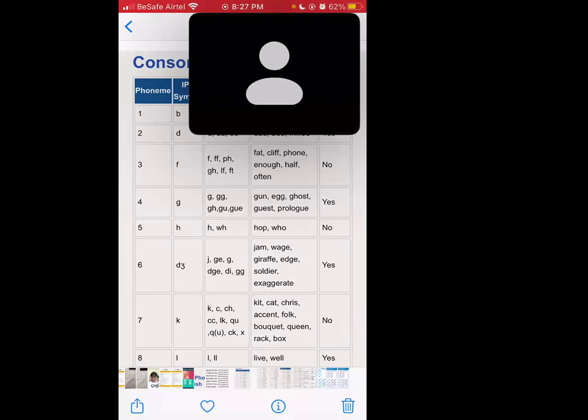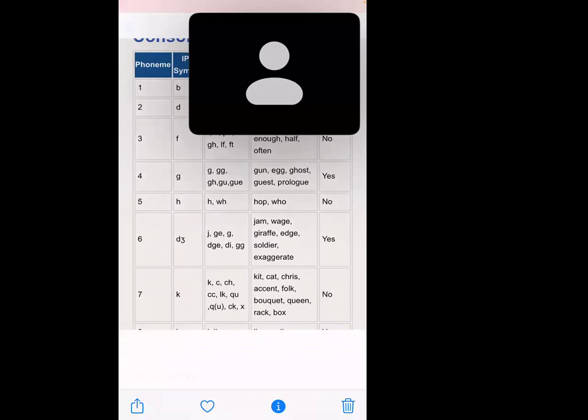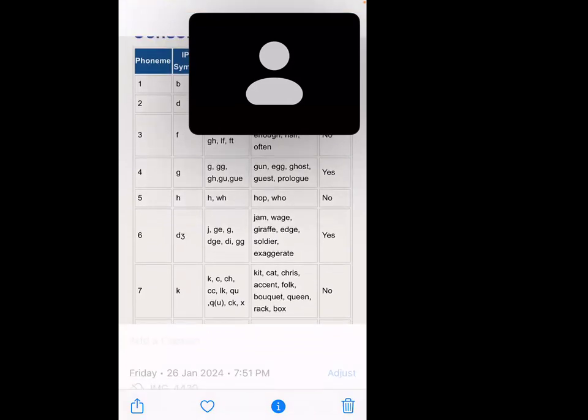For this one, you have words like top. You have who. The W is silent, only the sound is voiced. G, g, it is voiced. For number 5, the sound is not voiced. It is voiceless.